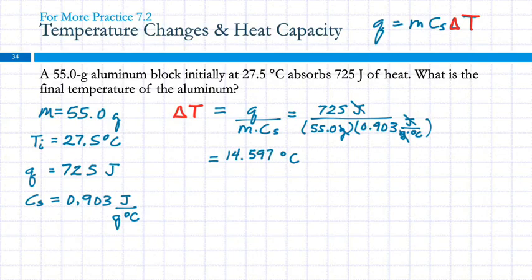14.597 with 3 significant figures. Is that the answer? No, that's the change in temperature. So now I need to remember that delta T is the final temperature minus the initial temperature. So the final temperature is equal to delta T plus the initial temperature.